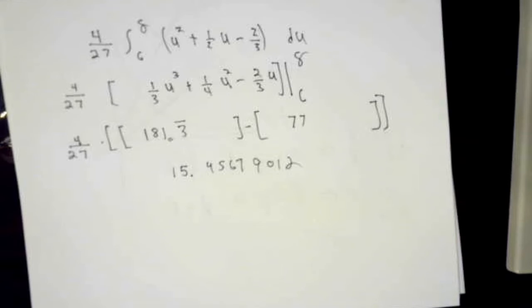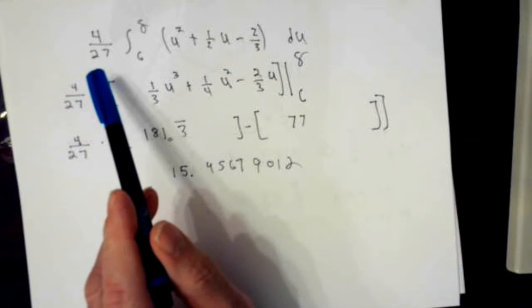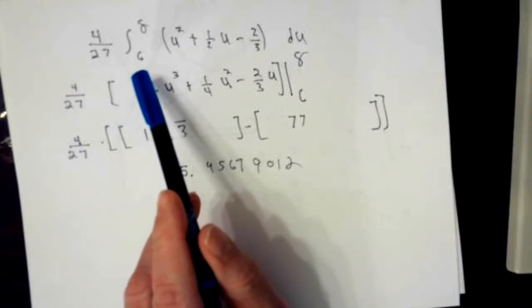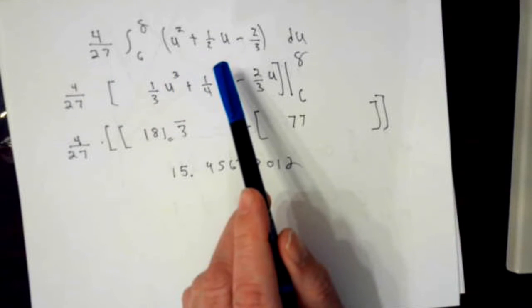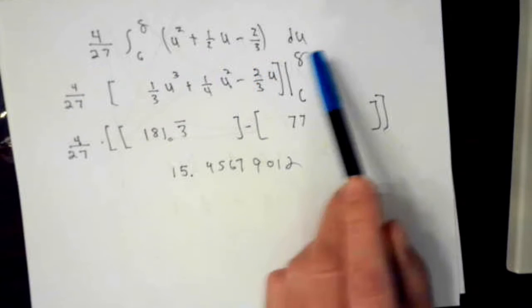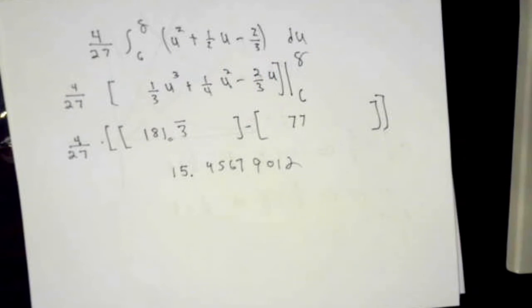So to finish our problem, we have to calculate 4/27 times the integral from 6 to 8 of u squared plus 1/2 u minus 2/3 with respect to u.